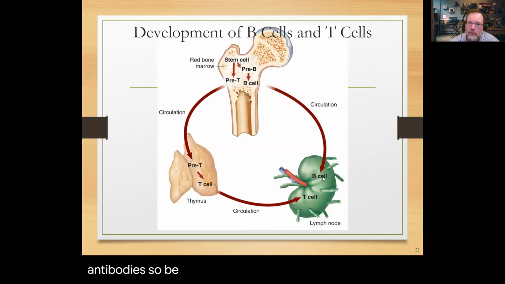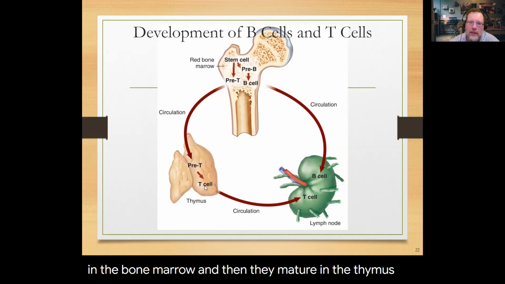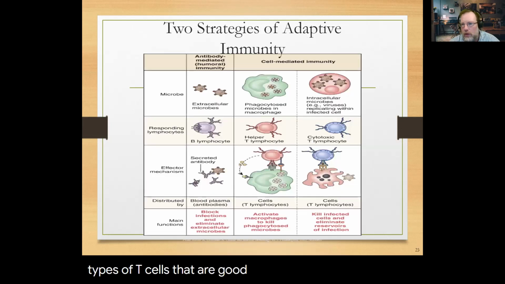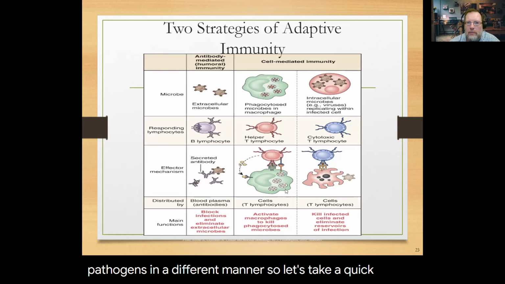So B cells produce the antibodies. T cells are born in the bone marrow and then mature in the thymus gland. We'll see a couple different types of T cells that attack pathogens in a different manner. So let's take a quick peek at these strategies.